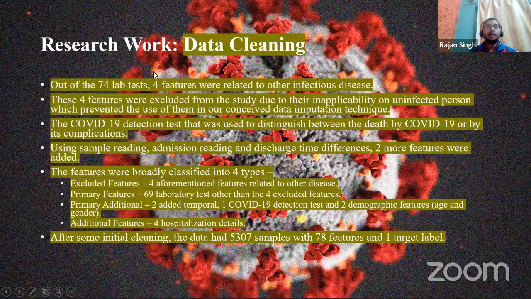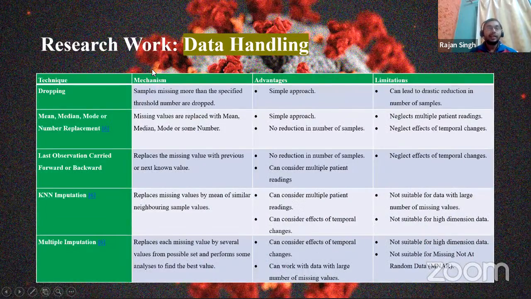For data handling, we looked qualitatively at these techniques and applied them to our data, looking at the advantages versus the limitations. As we know, the dropping mechanism led to a lot of samples being dropped. That was the limitation, but it was a simple approach.